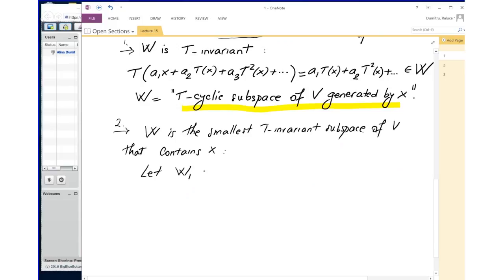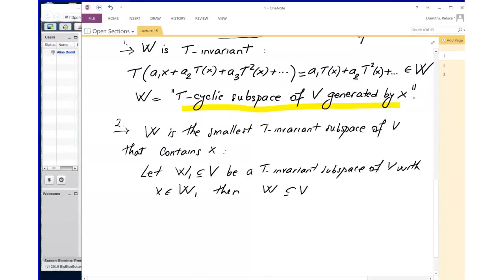Well, it means that if W1 is a T invariant subspace of V with the property that it contains x, then it must contain the entire W defined above, so the entire T-cyclic subspace generated by x. Okay, so there is nothing in between that is T invariant.